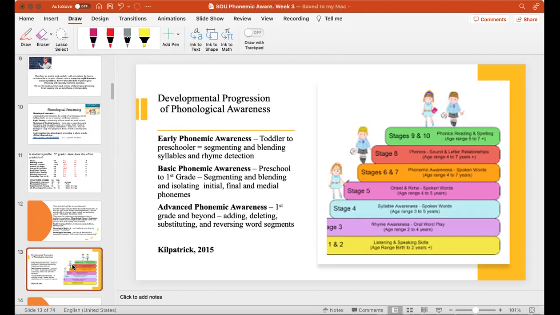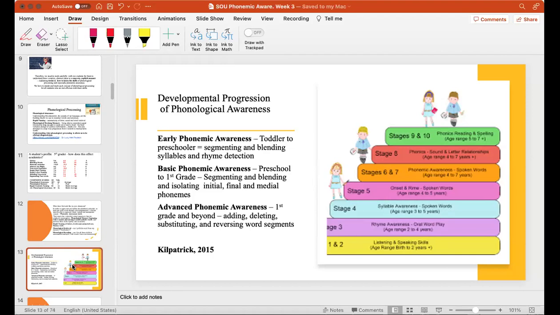And once they've succeeded in identifying initial sounds, then the next sound that they're able to kind of lop off or pull off is at the end. Sounds in the middle of the word are hardest to hear. So when we're teaching them, we play around with taking sounds off, isolating in the beginning, then we do it at the end, and then we do it in the middle.